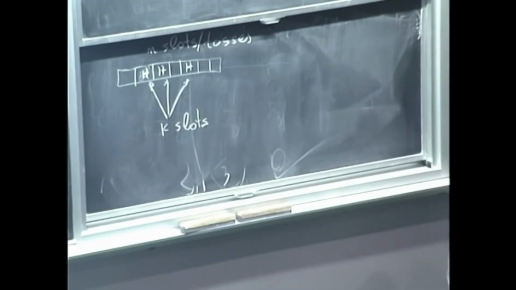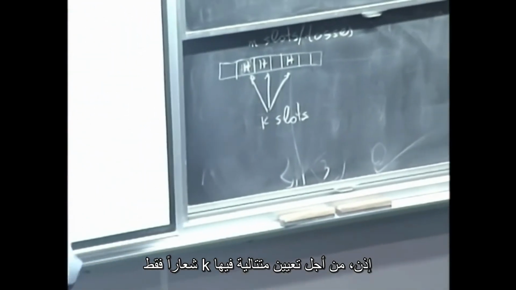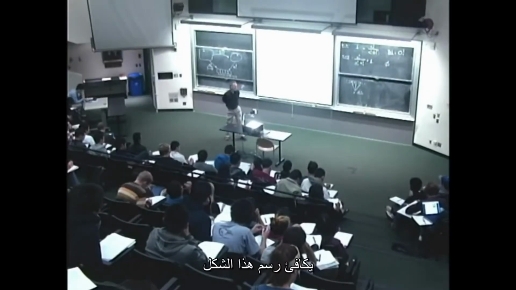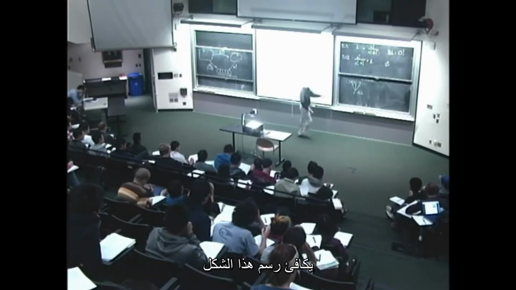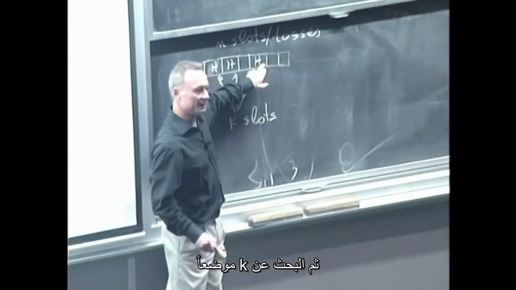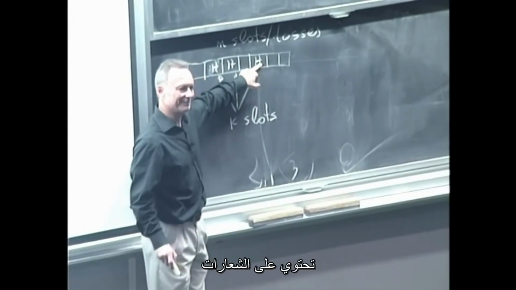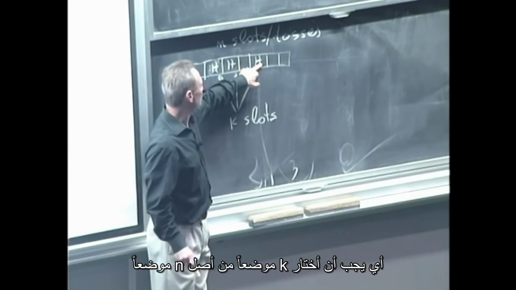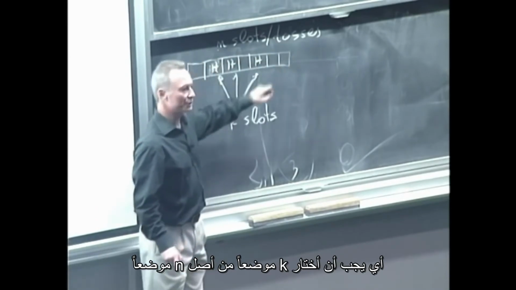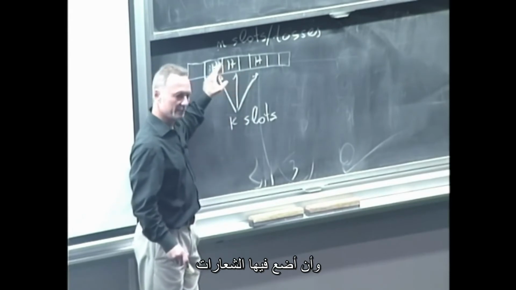So to specify a sequence that has exactly k heads is the same thing as drawing this picture and telling you which are the k slots that happen to have heads. So I need to choose out of those n slots, k of them, and assign them heads.